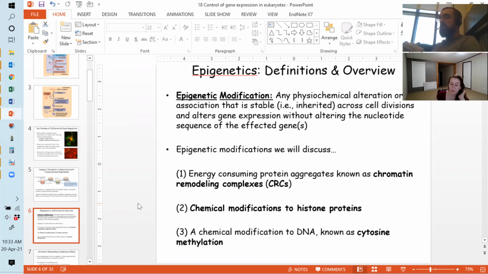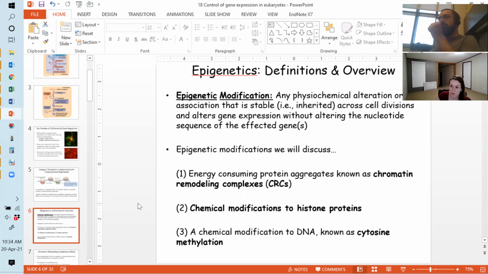Well, that's most of the story, but actually it's not all of it, because you also inherit a series of epigenetic marks. These are changes that are made to your DNA and to the histones that your DNA is wrapped around that affect whether or not particular genes are expressed and to what level.